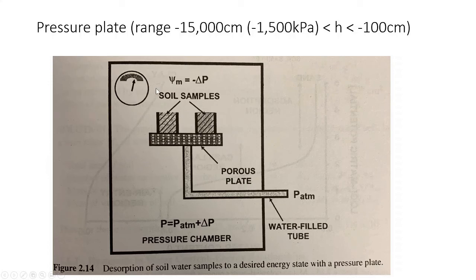As the pressure increases, the water in the soil sample will be pushed out, pressurized to flow out through the porous plate, and drain out through the water-filled tube. This is how the soil moisture content is measured at different pressures. So we know the matric suction potential and the soil water content at different pressurized environments.